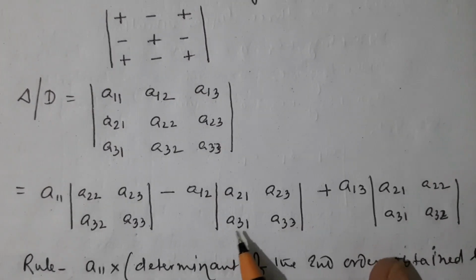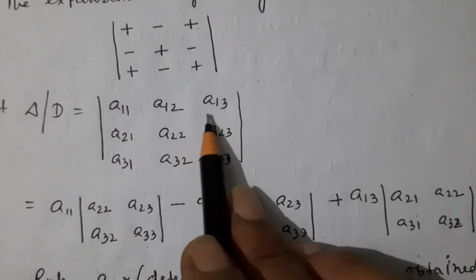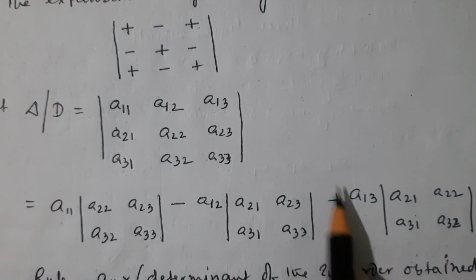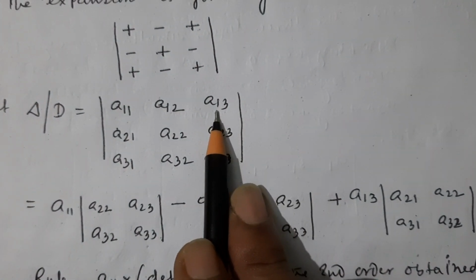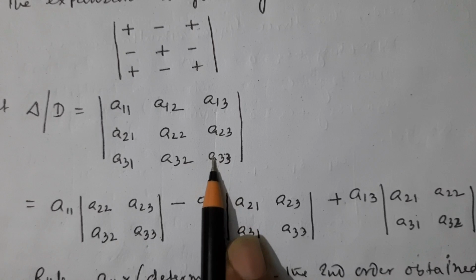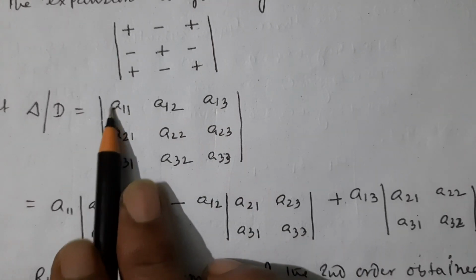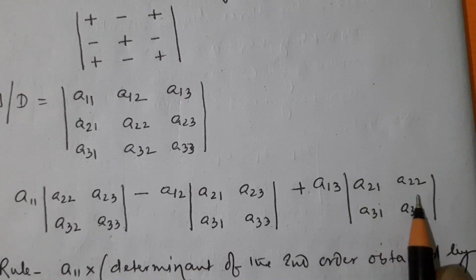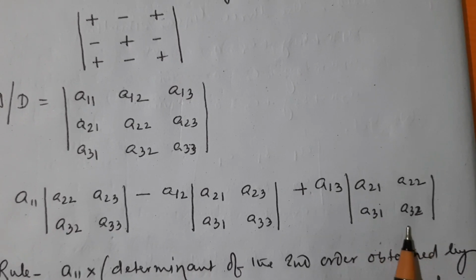It is written in determinant form, and this sign is plus as per this rule. So this is plus a13, and similarly we can draw two lines and write the uncovered elements in determinant form: a21, a22, a31, a32.